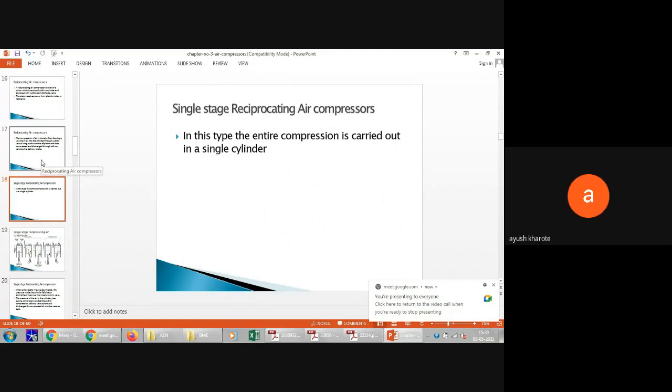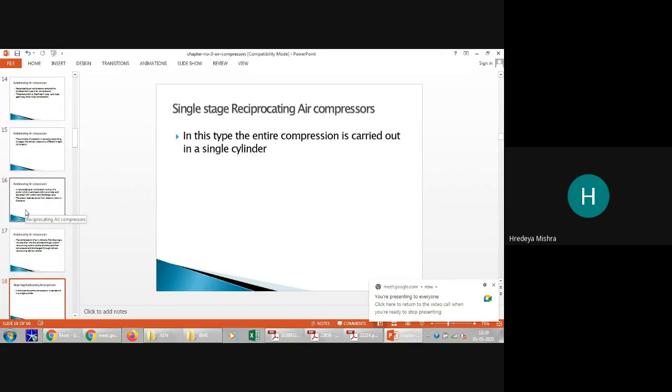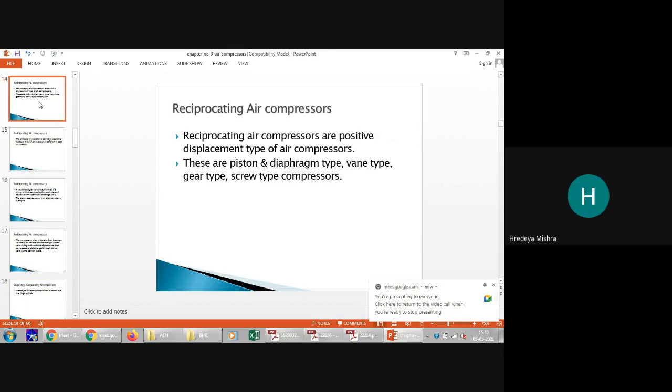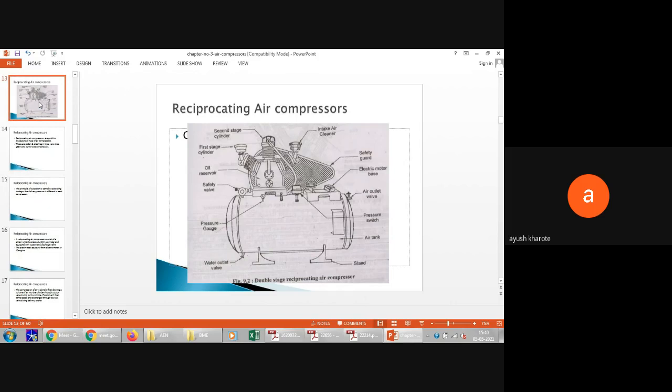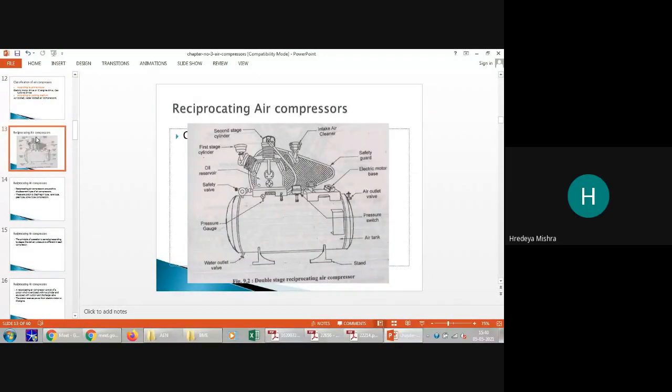Sir, from 10 minutes. From the 10th slide? No, sir, from 10 minutes. Okay. Have you seen this slide? No, sir. Okay. Yes, sir, from this color. Okay. Classification is complete. And this diagram? No, sir, that is remaining. Okay.